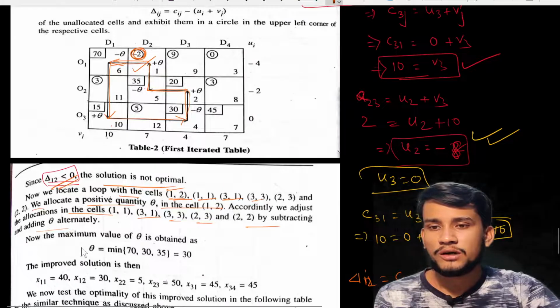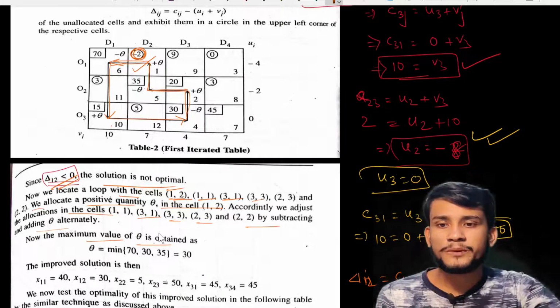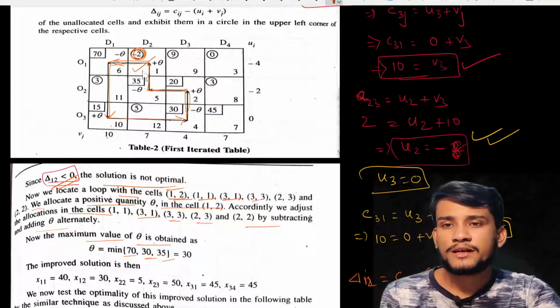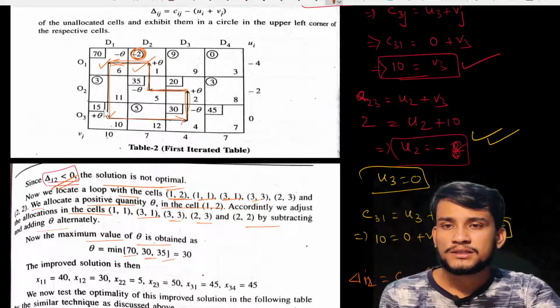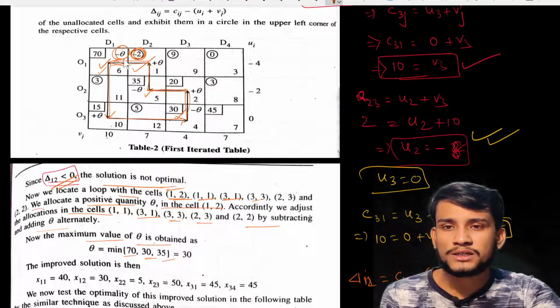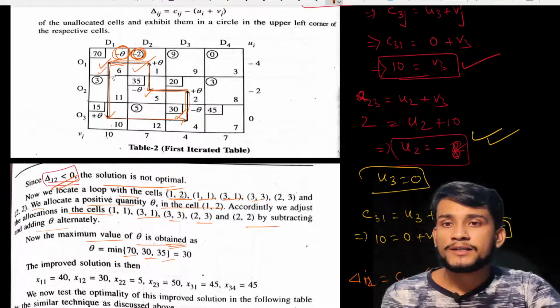Now the maximum value of theta is obtained as theta equal to the minimum of 70, 30 and 35. This is the allocation: 70, 30 and 35. Since these carry the minus of theta, the maximum value of theta is obtained from these values.